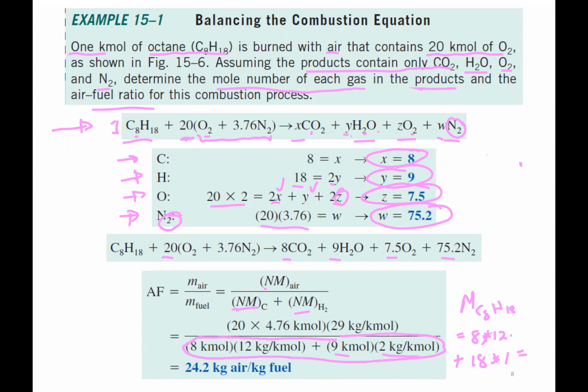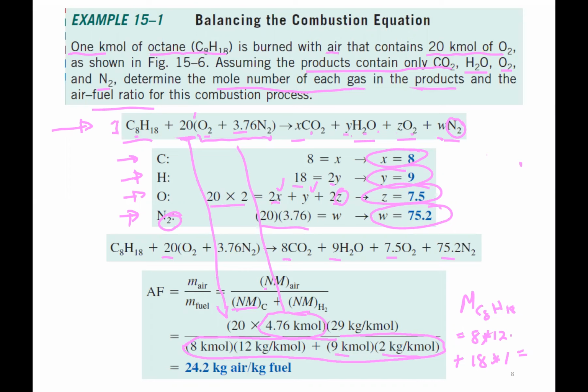Now the oxygen, the air side is where I see the mistakes, right? Well, we have 20 here. Okay, so that's our 20. But then you have this 4.76. This is the most common thing that's left off when students do this problem, because you have the 1 right here and the 3.76. So there's 4.76 in those brackets of kilomoles.